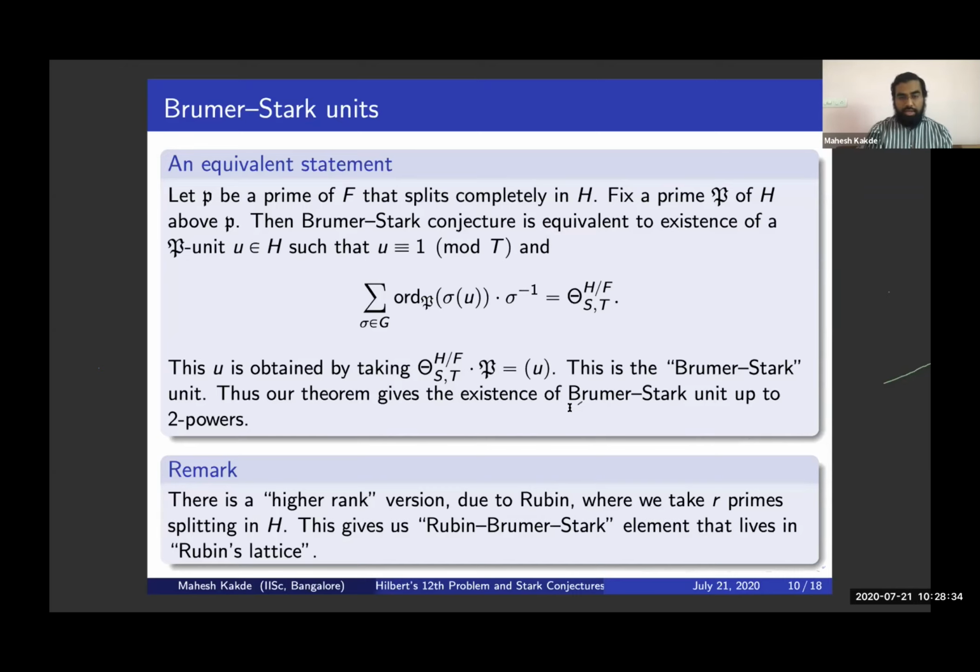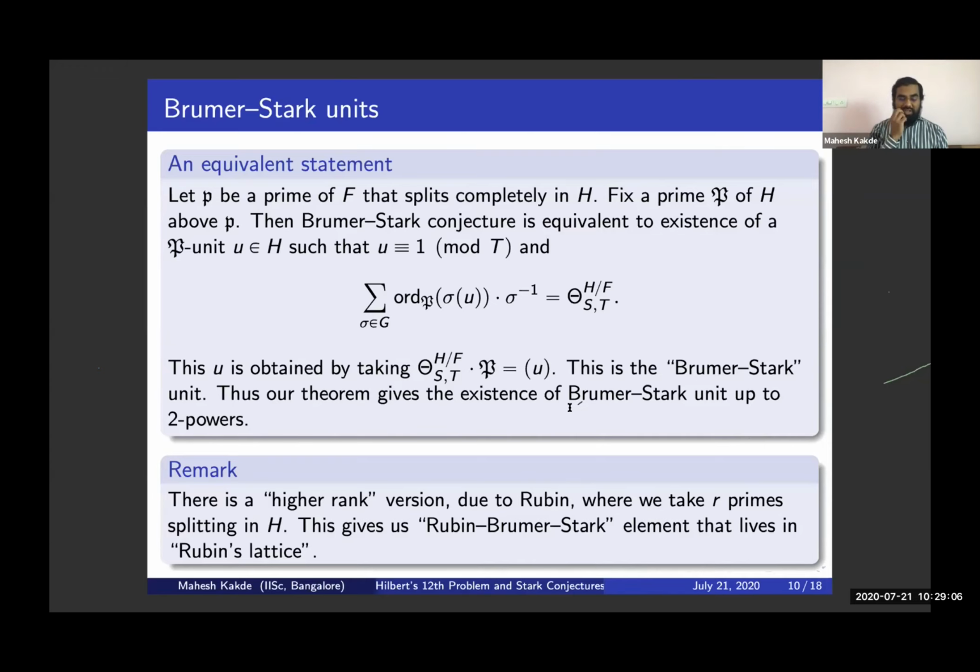So the theorem that I stated on the previous page says that this U exists up to taking 2 powers. I may have to take 2 powers because I don't have the theorem at p equal to 2. All right. There's a higher rank version of this, where instead of just taking 1 prime, you take R distinct primes that split completely in H. And this leads to what is called the Rubin-Brumer-Stark element.